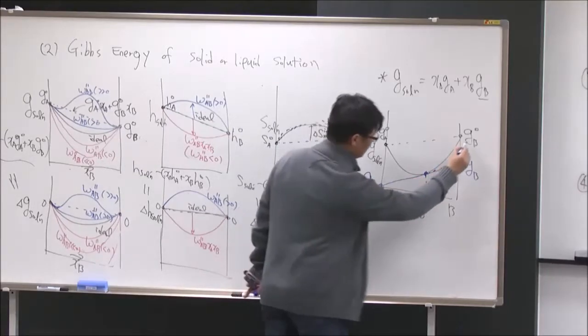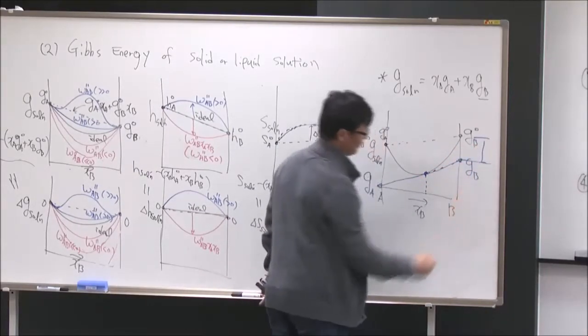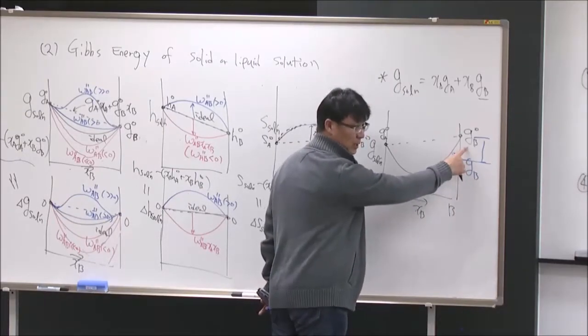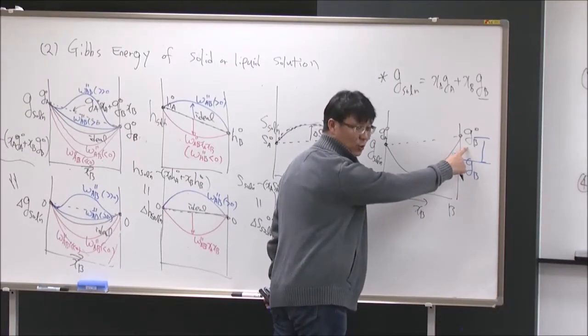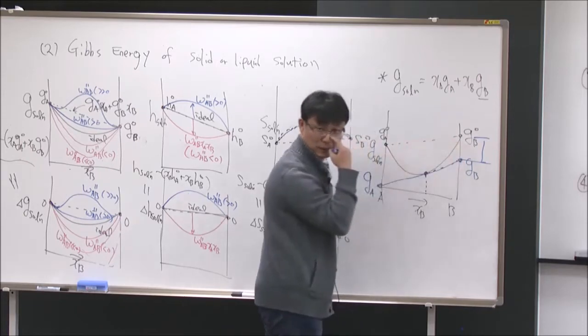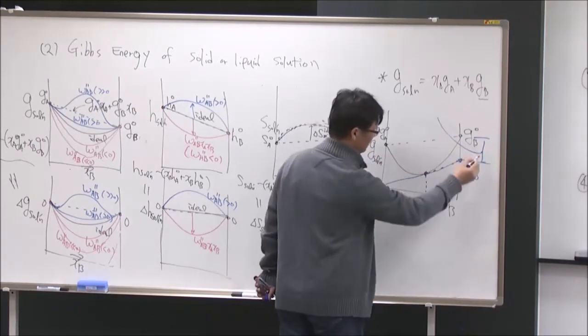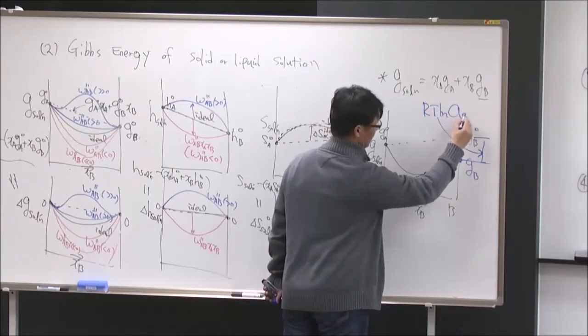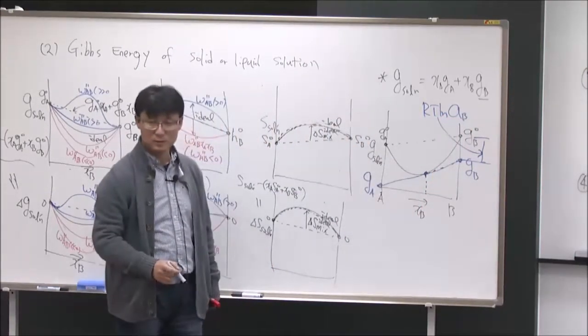Now let's look at this difference. GB equals GB naught plus RT ln activity of B. So this difference here gives you RT ln activity of B, am I right?